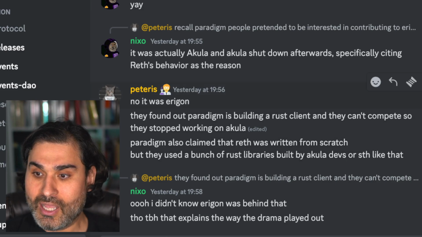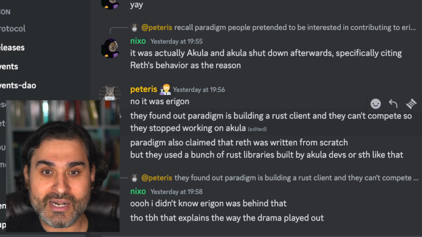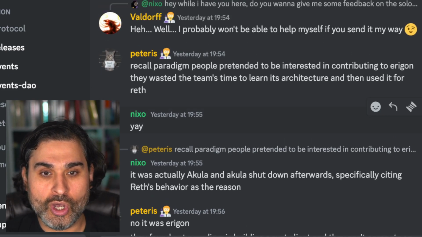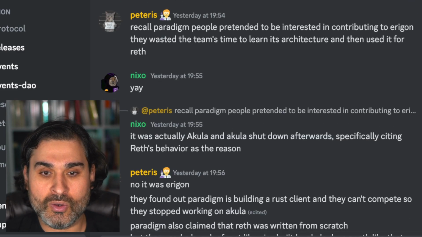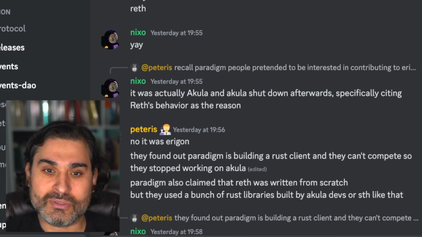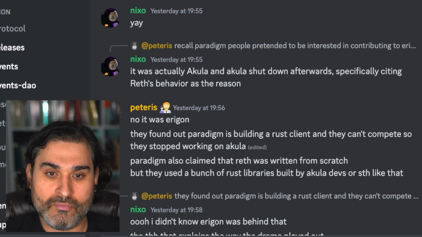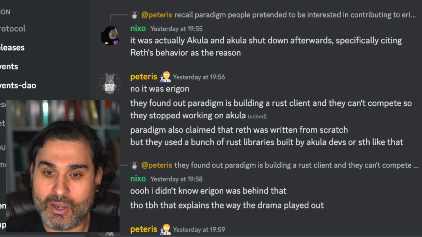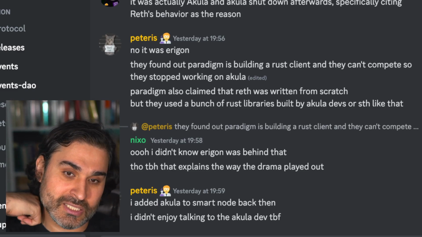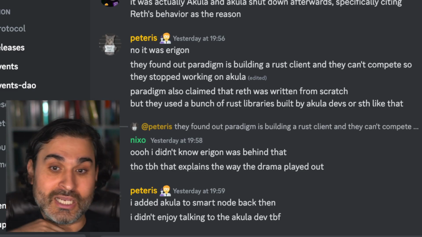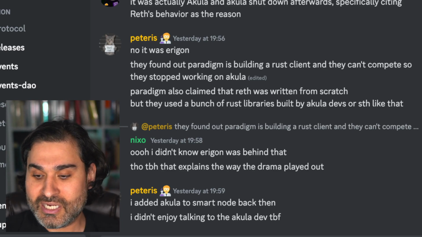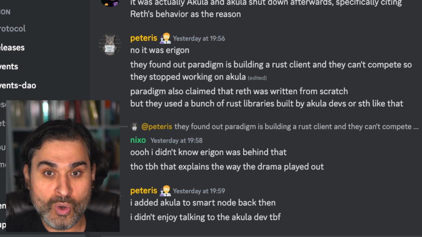Okay, and then here we got a discussion basically going on about Paradigm and how Paradigm kind of forked code of Akula, and how that was actually Aragon. So there was some drama basically about execution clients, and those of you who don't know, Paradigm is actually running the rETH execution client, which is the new one that we talked about in yesterday's show that went to version 1.0.